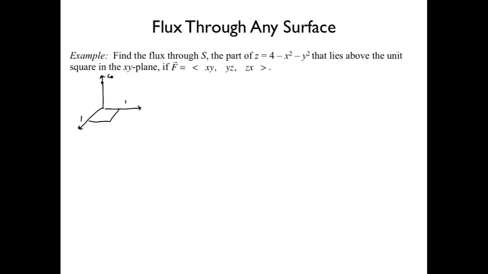So maybe this is 4 up here. So what's that going to look like? Over this line, x equals 1, it's going to keep going down, right? Curved. And then over y equals 1, same thing. Like this. So it's going to be this sloping, curved down part of the paraboloid over the unit square.